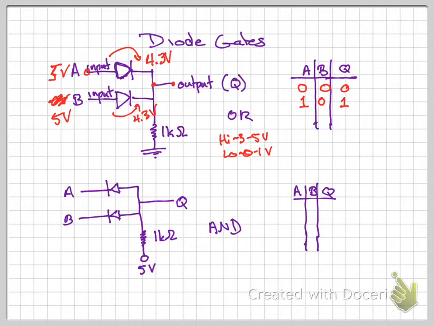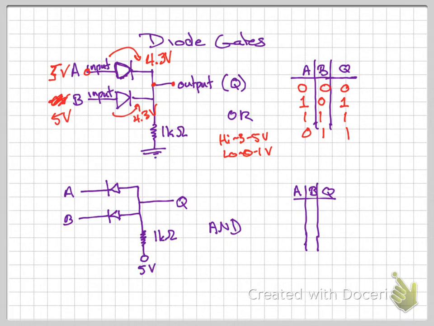And so, if A is high and B is high, then the output is still high, 4.3 volts on that side. And by the same argument, this is what you get. So you can see how that's the OR function. This is an OR diode gate.